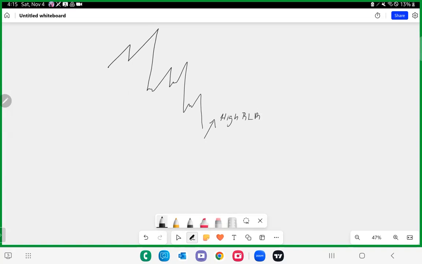Because if we're trading counter to what side of the curve we're on, in this case, we're on the sell side of the curve, any move up, we're trading a high resistant liquidity run.